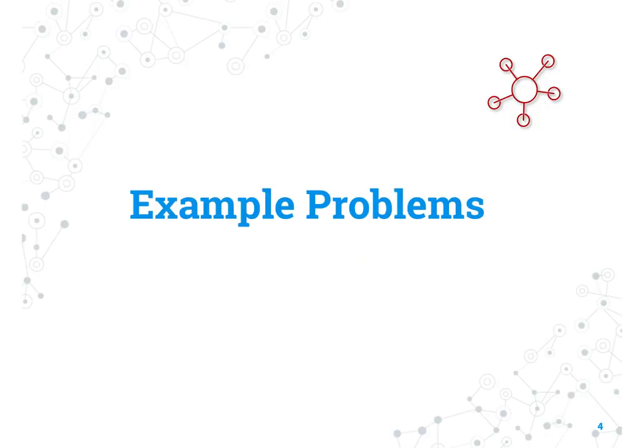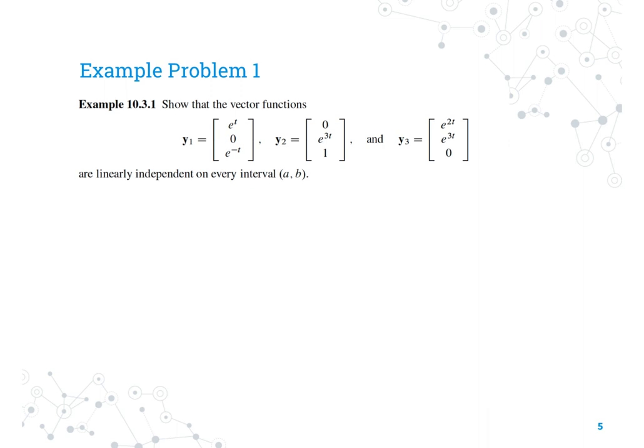Let's look at an example. In example problem 1, we're going to be showing that the vector functions y1, y2, and y3 are linearly independent on the interval (a, b).